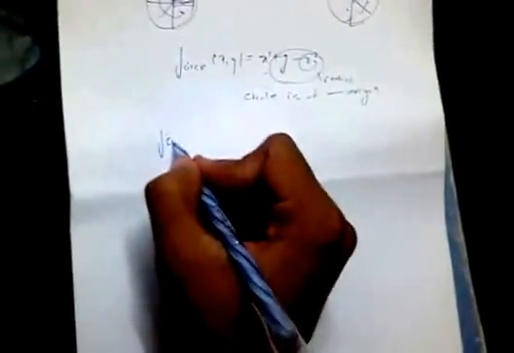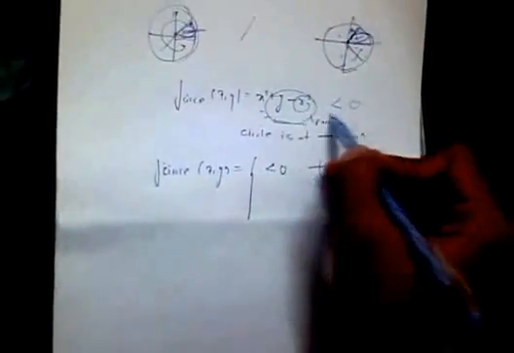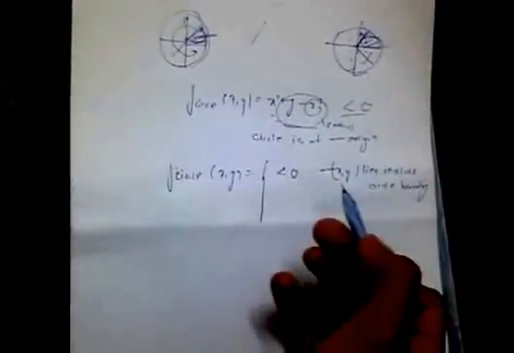First of all, f circle at x, y is less than 0 if x, y lies inside the circle boundary. So it is obvious that if this equation is less than 0, then x, y lies inside the circle. Why is it so?